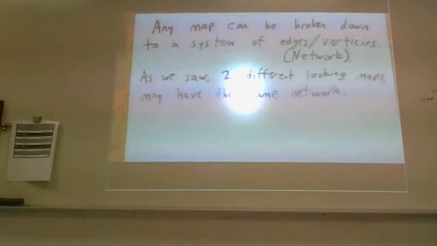What's really interesting is that when you create borders on a map in real life, there are an infinite number of ways that a map can look. However, even though there's an infinite number of ways that a map can look, there are a finite number of ways that a network can look. It's really messed up.